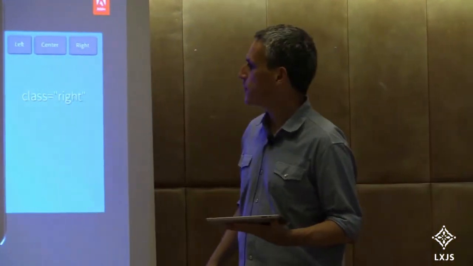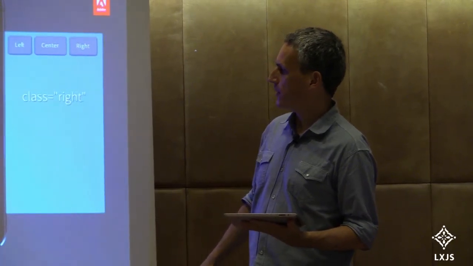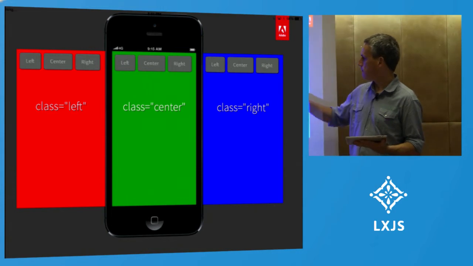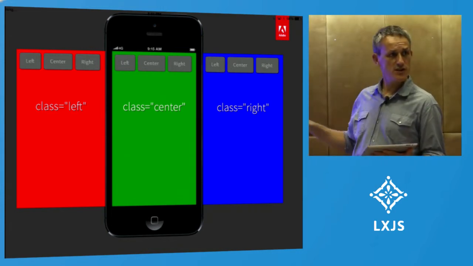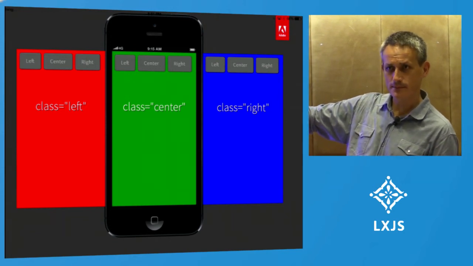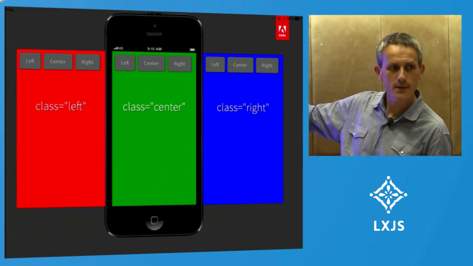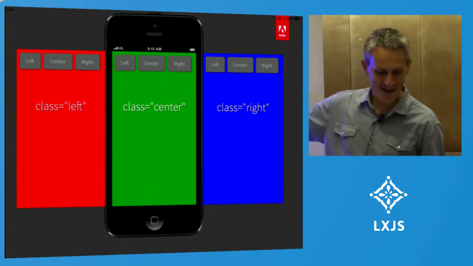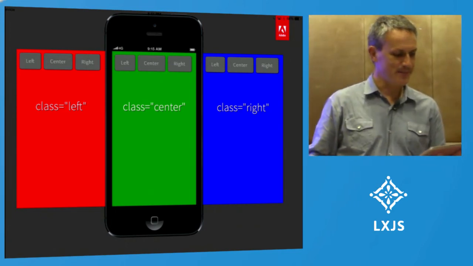So typically the way, I mean, again, there are different ways of doing it, but typically the way I do it is that I will define three classes. Right, which is going to position a page immediately to the right of the viewport, not outside the phone though, but to the right of the viewport. Left, to the left of the viewport, and center, right in the center.